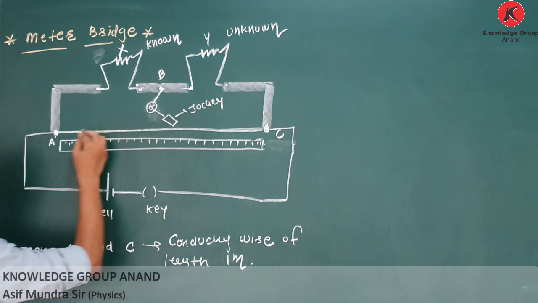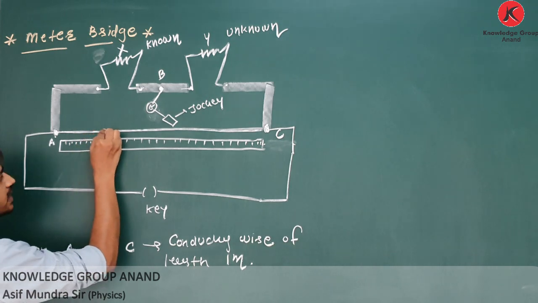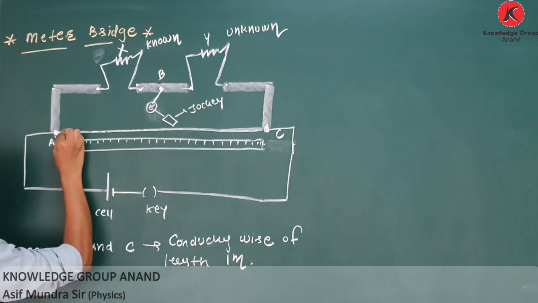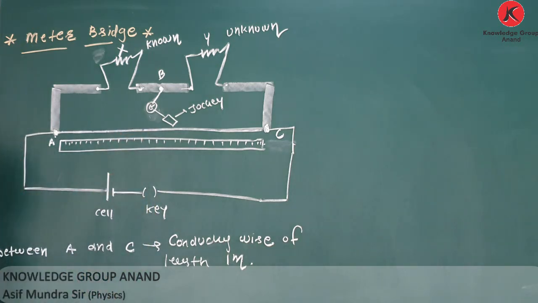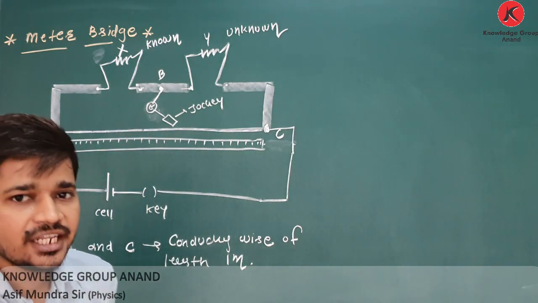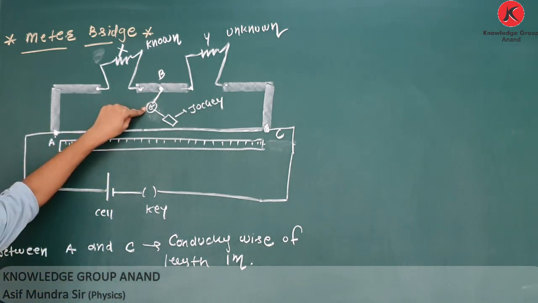Now you have to move this jockey on this wire AC. You have to move it until you reach a point where the galvanometer shows 0 reading.